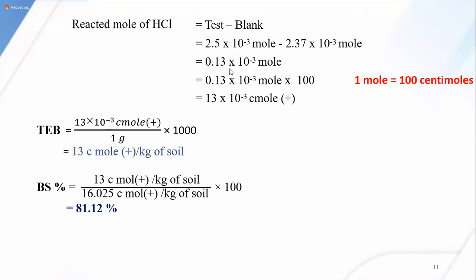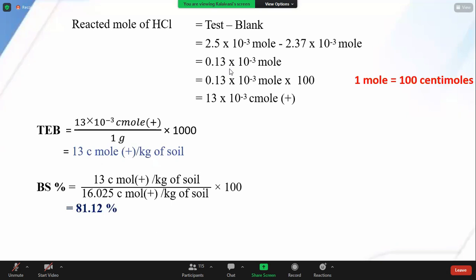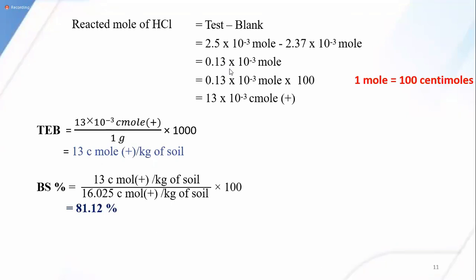Then you know the total exchangeable bases. And here I gave the reading for the cation exchange capacity as 16.025, so you can use this data for the cation exchange capacity. Then you can find the base saturation. Do you have any doubts?